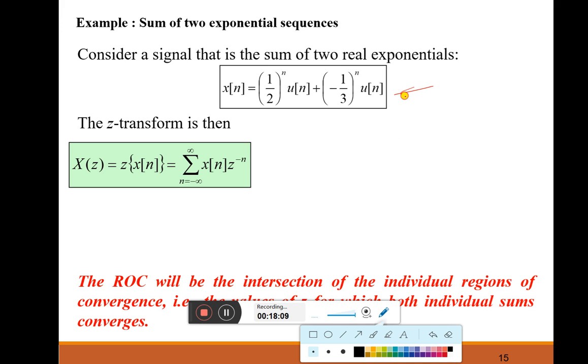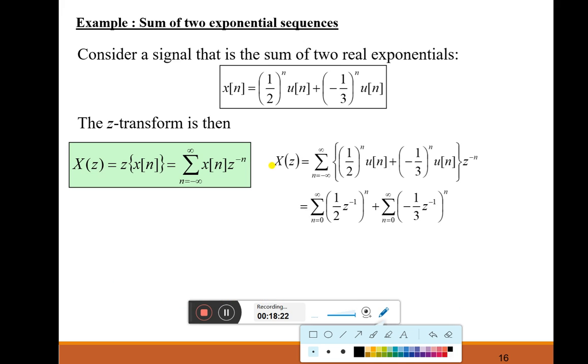Okay, right, the Z transform, kita ingat tadi definition of Z transform, X(z) diberi oleh summation yang ini, ya. Okay, so kita gantikan x[n] ke dalam persamaan ni.